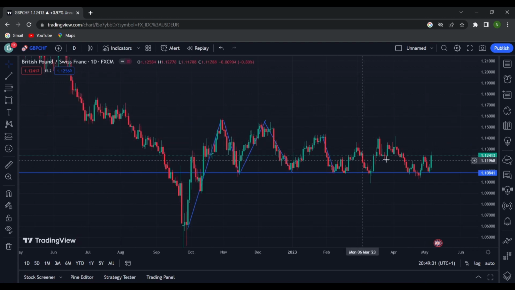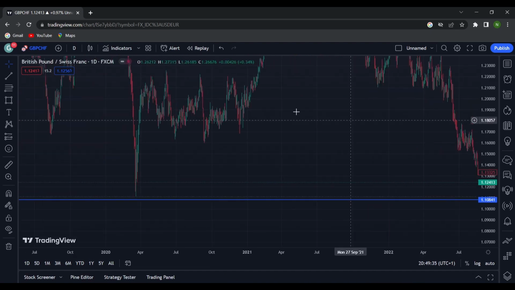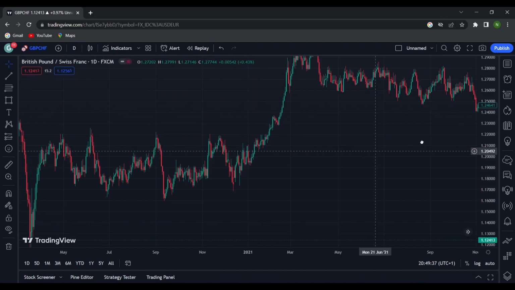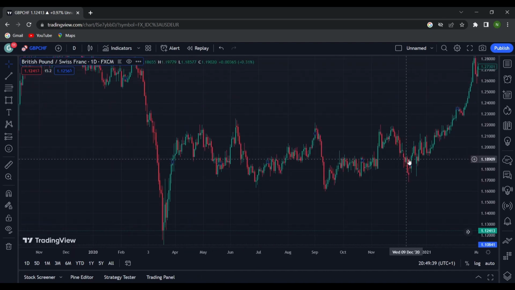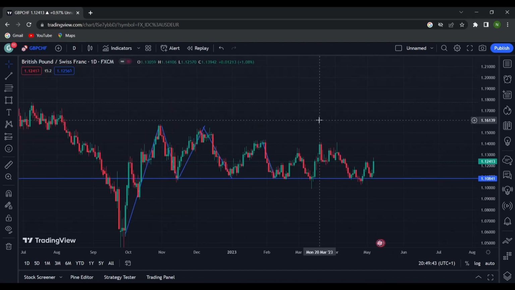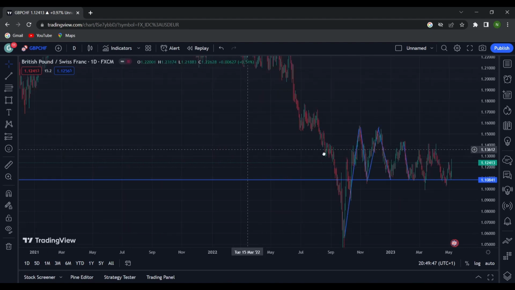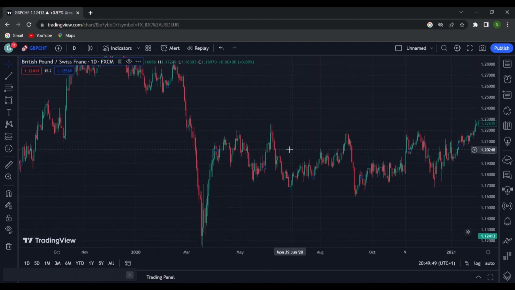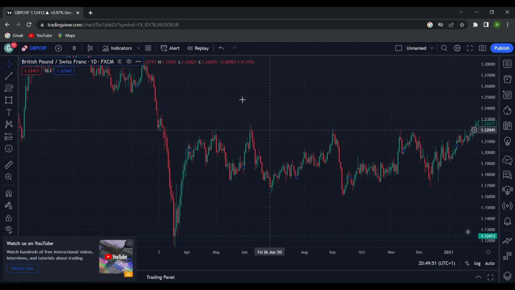So this is an example of a supply zone, and now I'll be showing you an example of a resistance zone. A supply zone or a support zone is a zone where buyers are looking to get into their trades, and a resistance zone is where sellers are looking to get into trades.